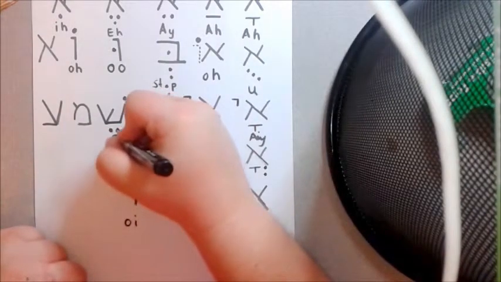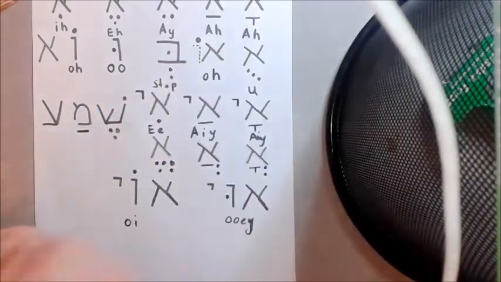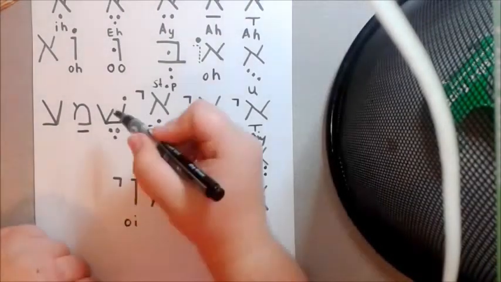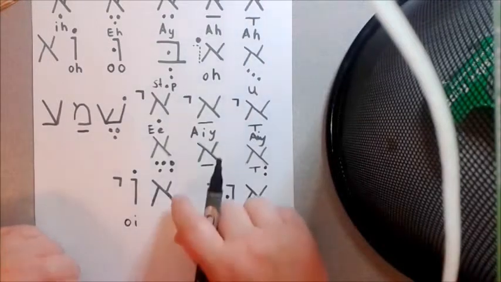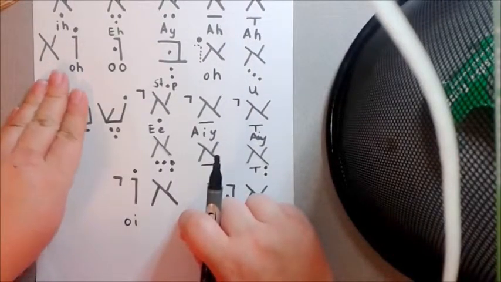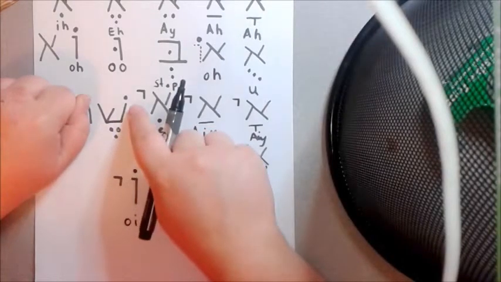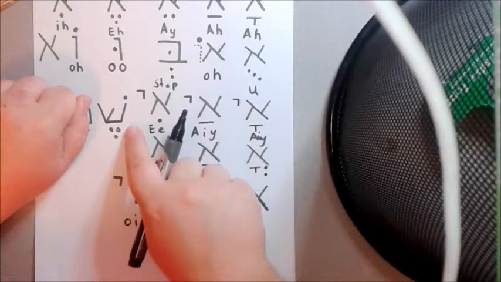So if I write this, we have the shin, mem, and ayin, standing alone just like this. You can almost think of it as syllables. We'll say she.